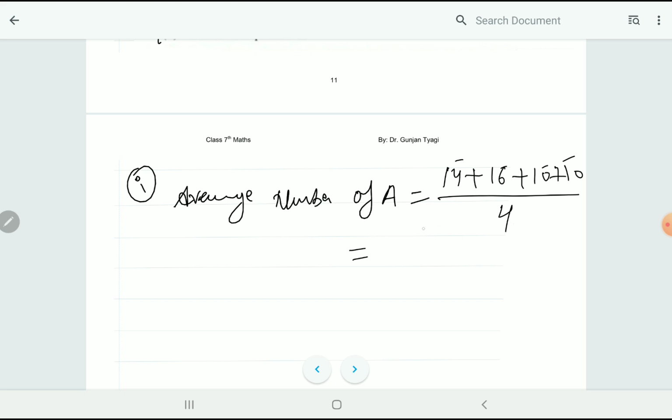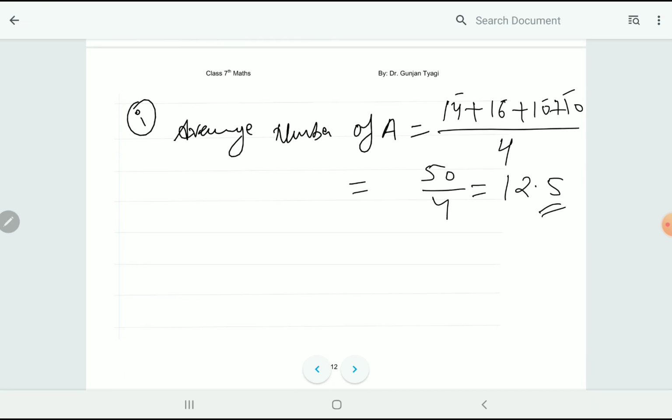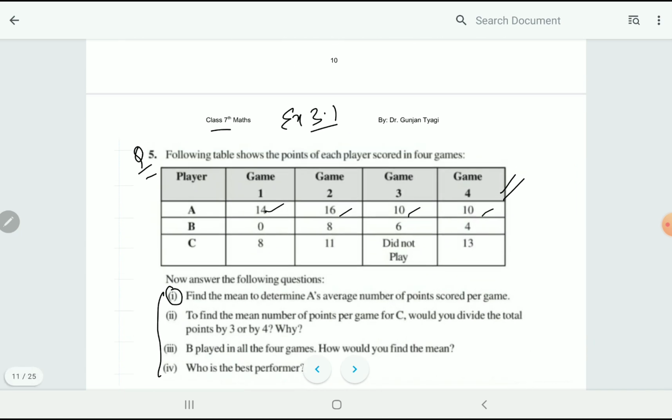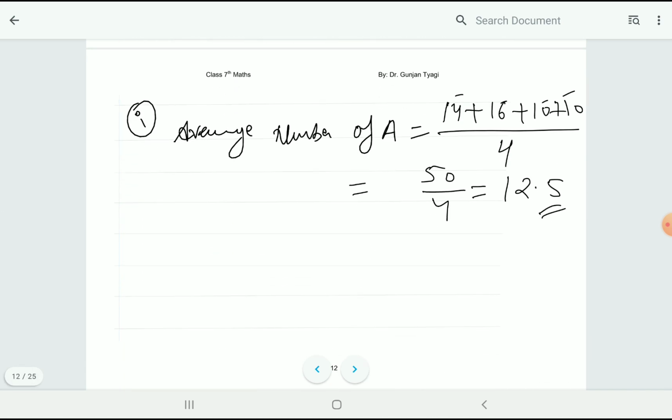So the sum is 50 by 4. The answer is 12.5. So this is the average of the points scored by A in all 4 games.